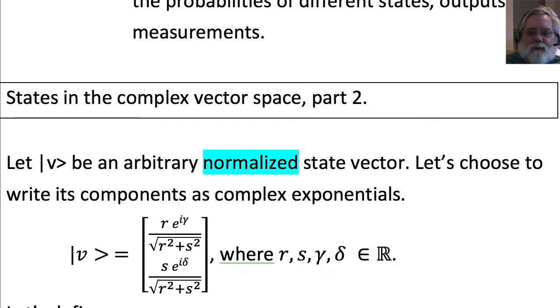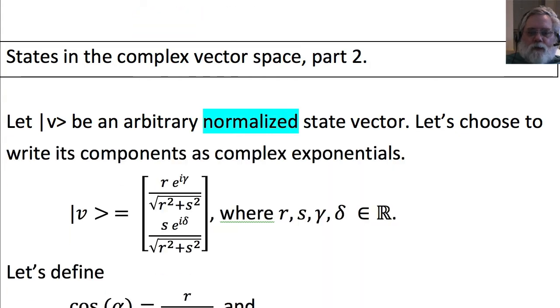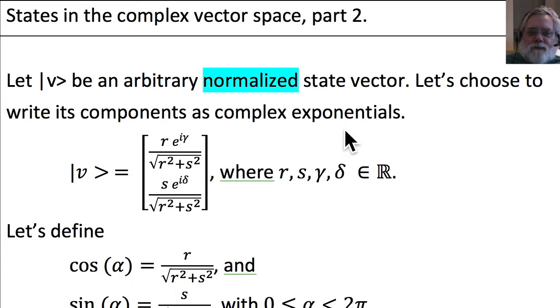States in the complex vector space, part 2. Let's continue with our states now that we have some more mechanism to work with. Now we're going to let ket v be an arbitrary normalized state vector. And we're going to choose to write its components as complex exponentials. We can do that.